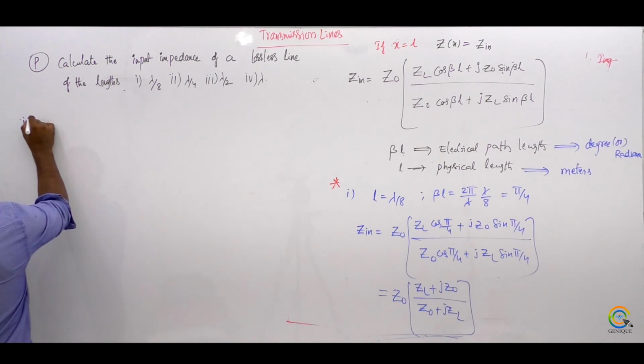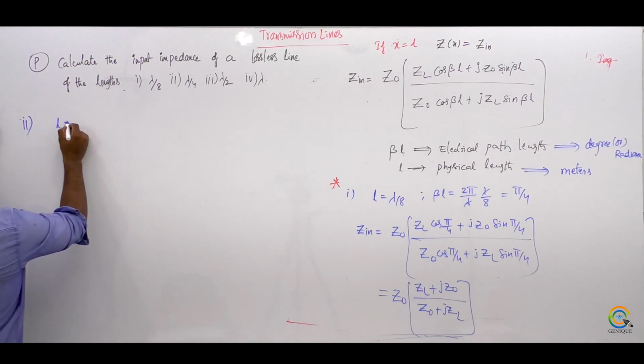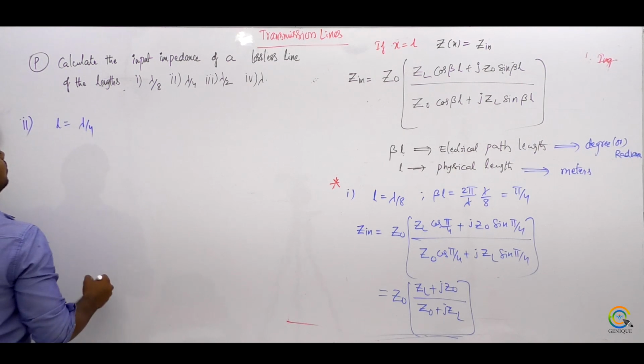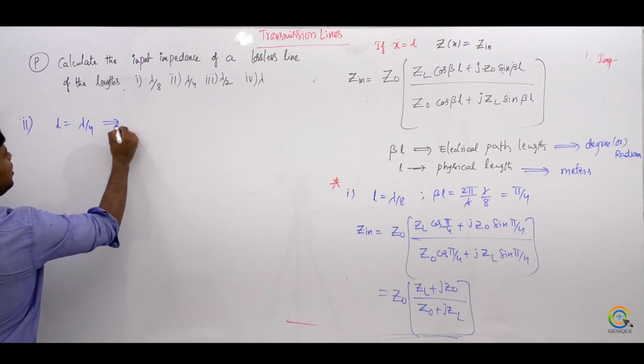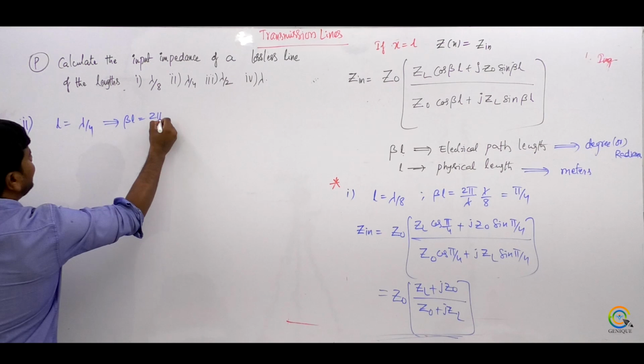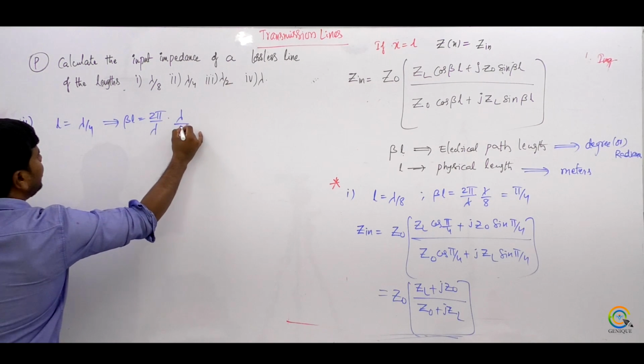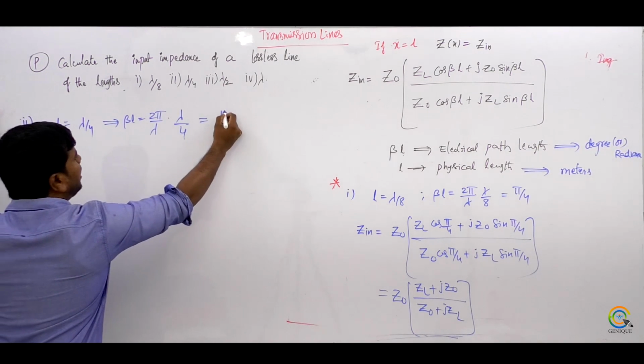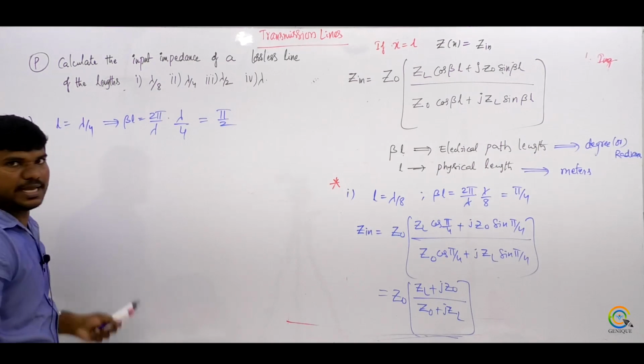What is the second one? The second one says L equals lambda by 4. Then what is beta L? Beta L equals 2 pi by lambda into lambda by 4. This will be pi by 2 radians.